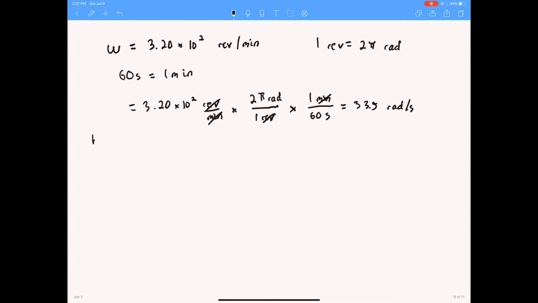So for part B, we need to solve for delta theta, which equals the angular velocity times time, which equals 33.5 radians per second times 3.00 times 10 to the 2 seconds, which equals 1.01 times 10 to the 4 radians.